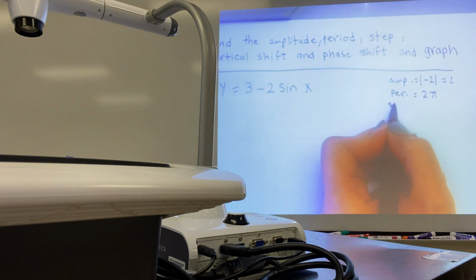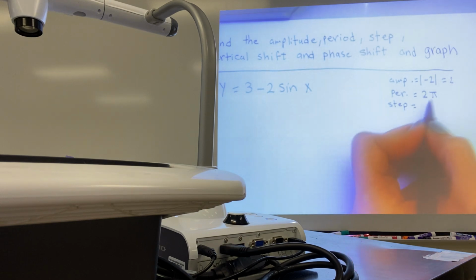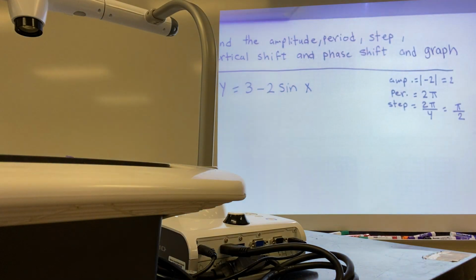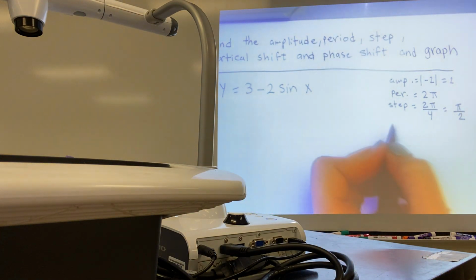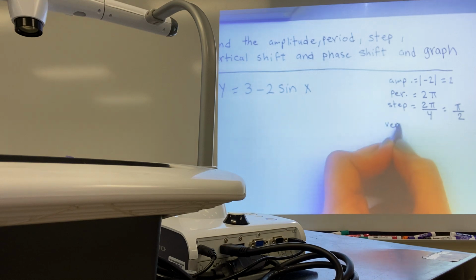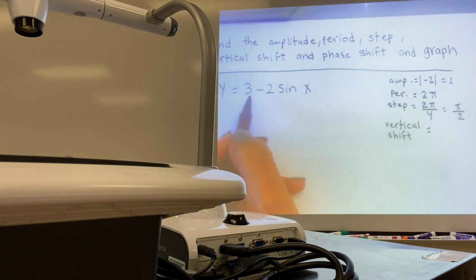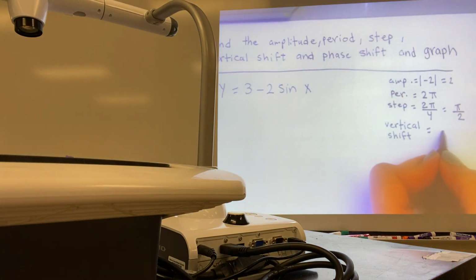The step is the period divided by 4, and that is 2 pi divided by 4, which gives me pi over 2. And the vertical shift is, as you see, I have 3 here in the front, so this is 3 units up.